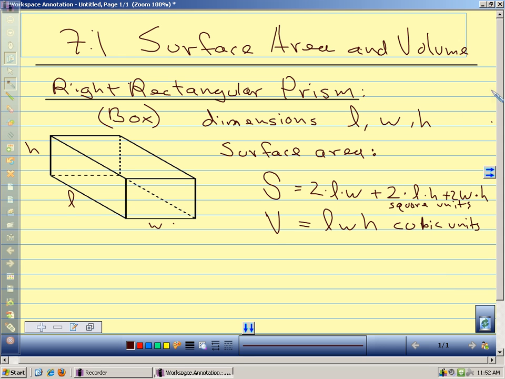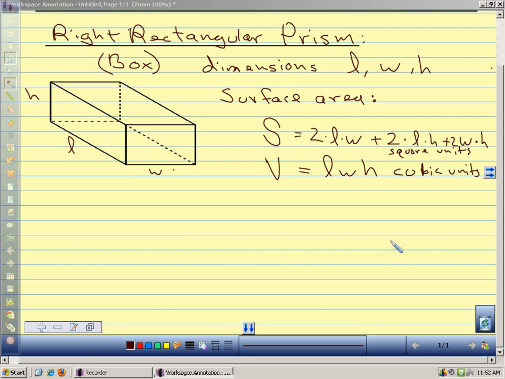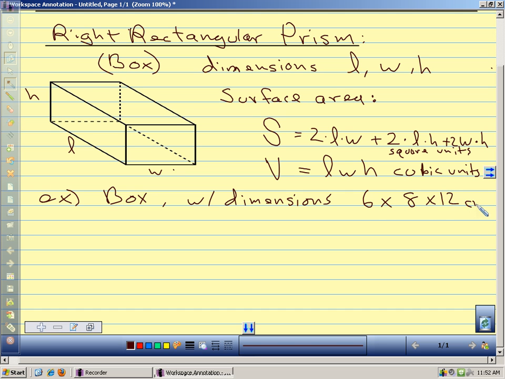So let's look at a quick example of calculating with these formulas. So we have a box with dimensions 6 by 8 by 12 centimeters. And we want the surface area and the volume.